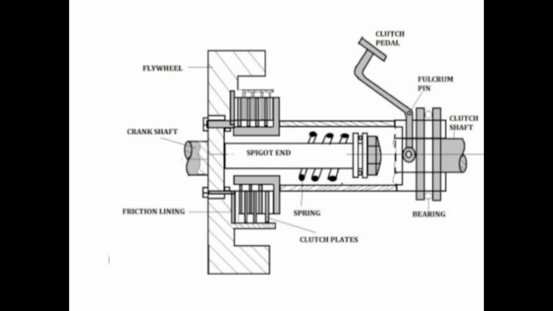Here, as you have seen in the diagram, I think now you can understand that a multi-plate clutch has the same components as a single plate clutch, and the only difference is that this has multiple plates.